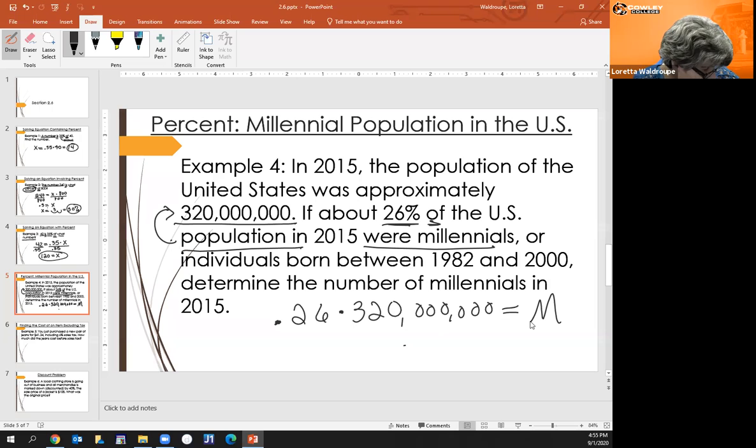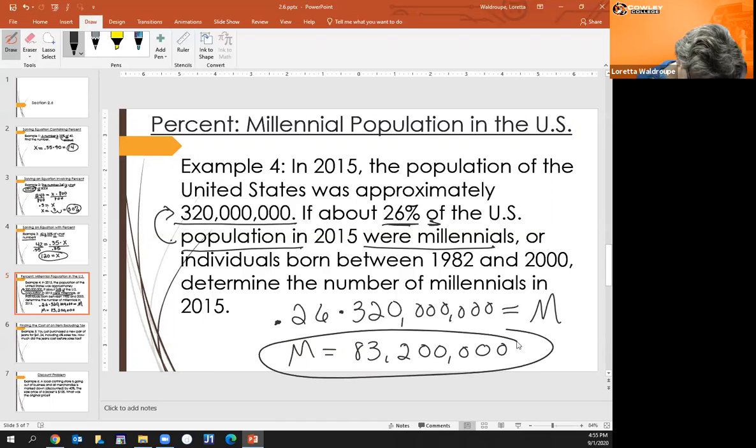Okay, so what's 320 million times 0.26? 83,200,000. Right? Yep.